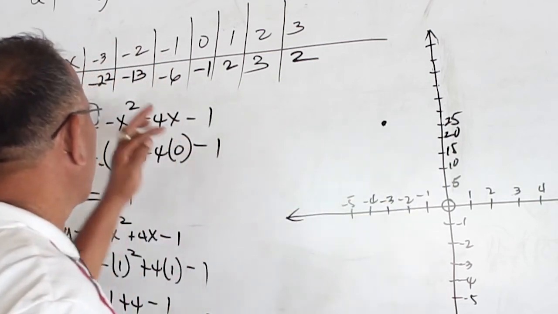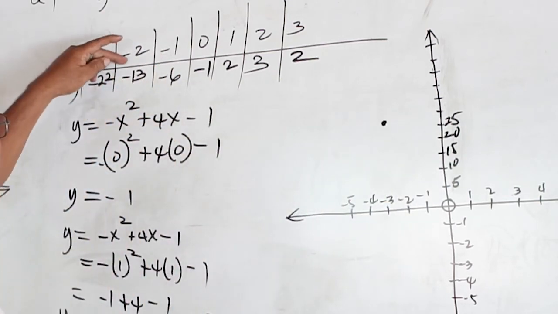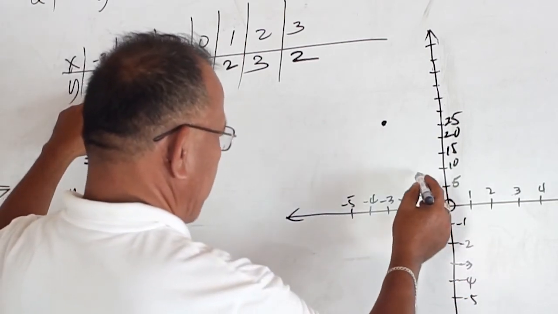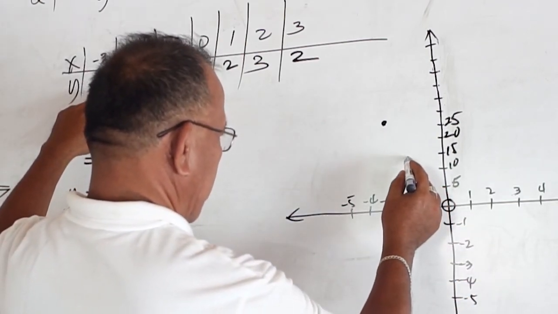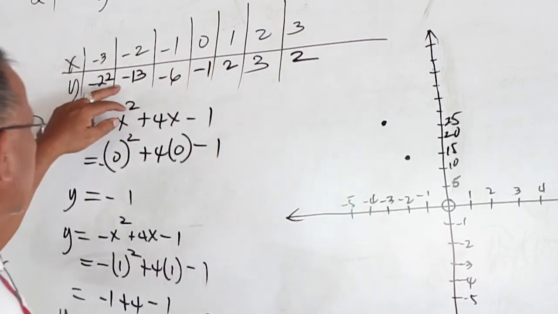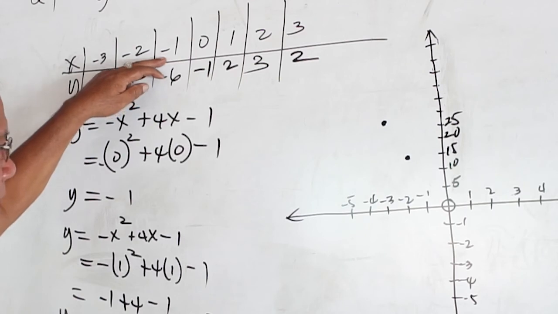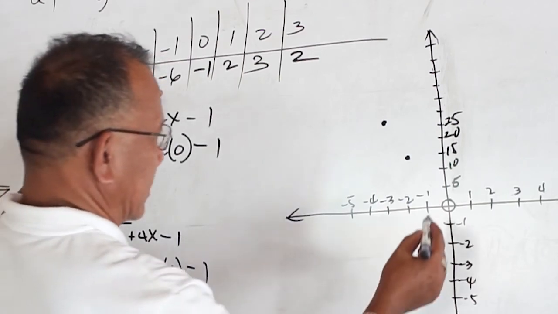The next ordered pair is negative 2 and negative 13. The next, negative 1 and negative 6.